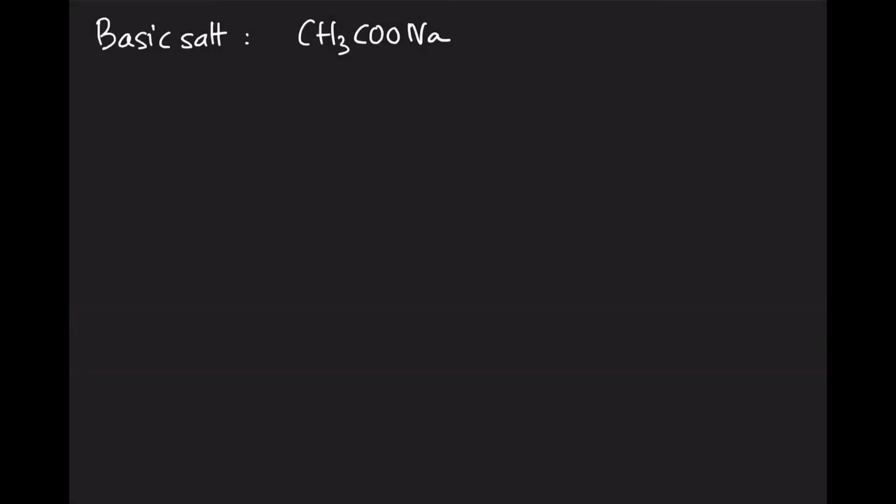Okay, let's take a look at this basic salt, CH3COONa. So in water, this salt will first dissociate into its cation and its anion. Now, Na plus is a neutral ion, so this will not play any role in determining the pH. Its conjugate, quote-unquote, is NaOH, and because NaOH is very strong, Na plus will be weak.